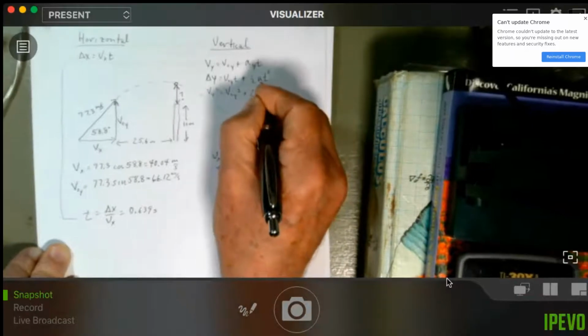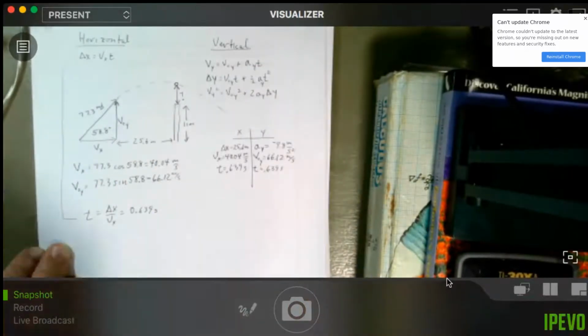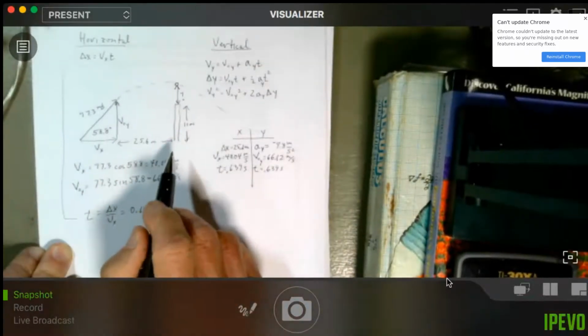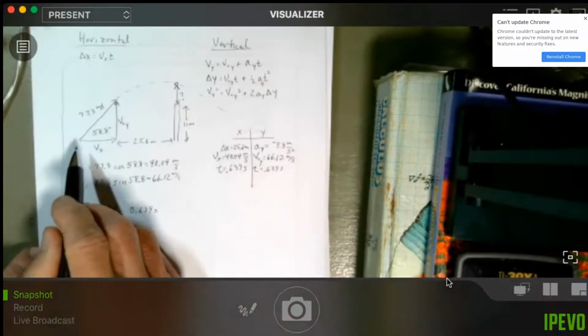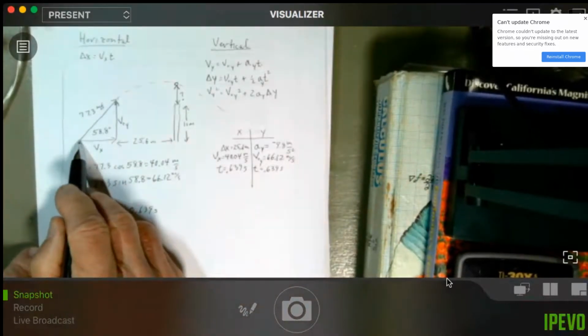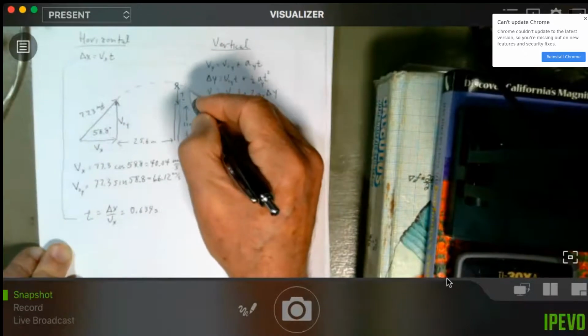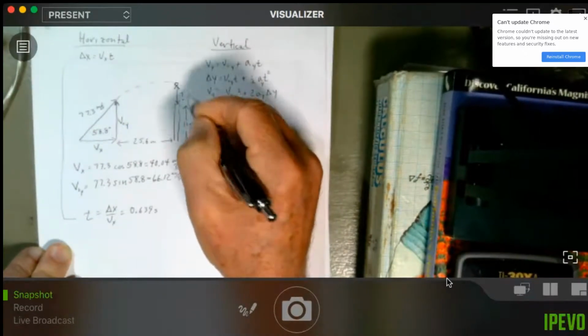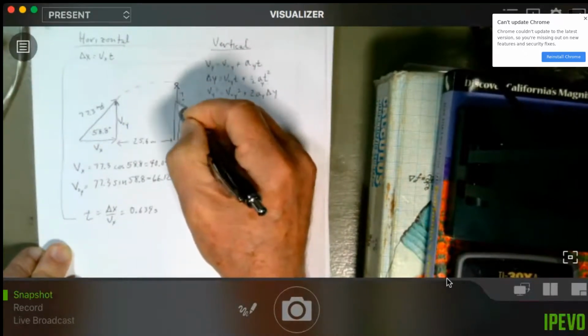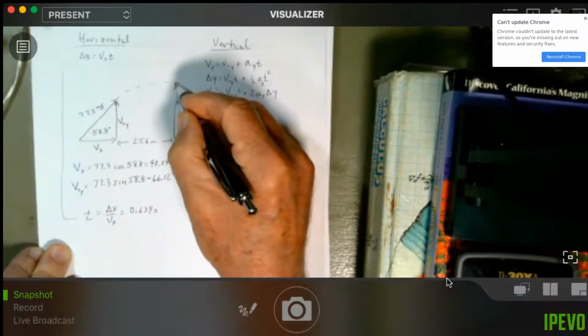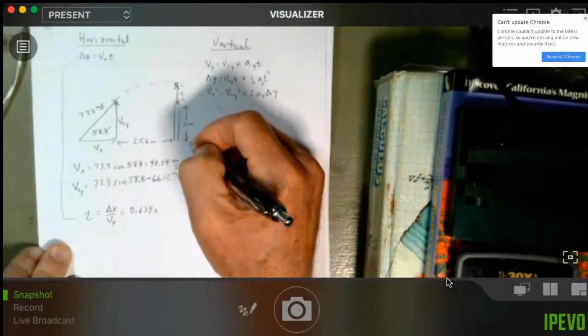We have to be careful because what that's going to give us is the vertical displacement from the beginning of the problem to here. But we're just looking for how much it's going to clear. So ultimately, we're going to have to subtract the 11 meters.